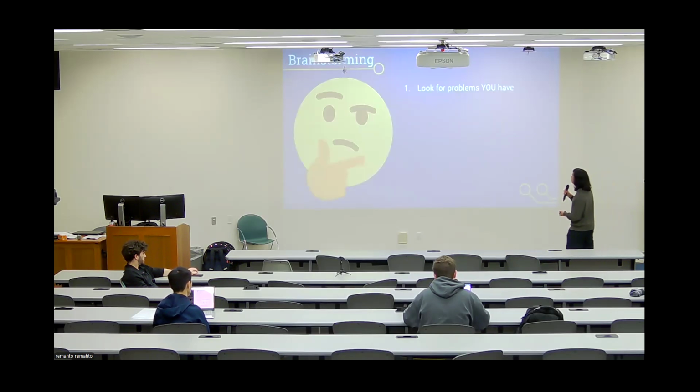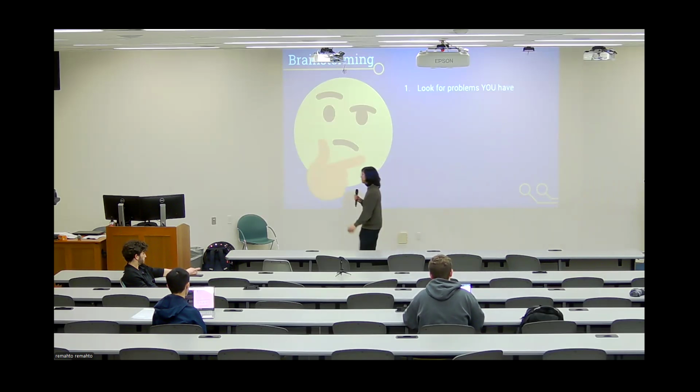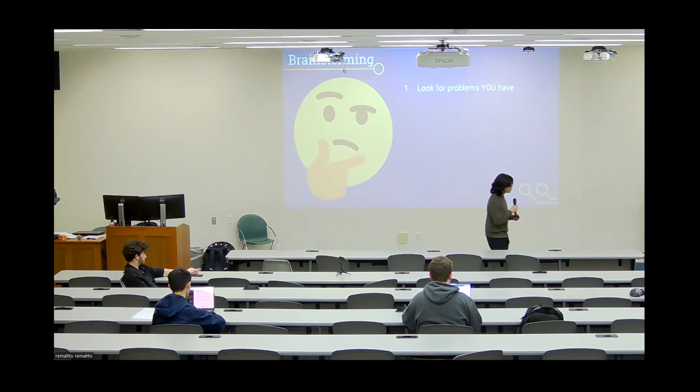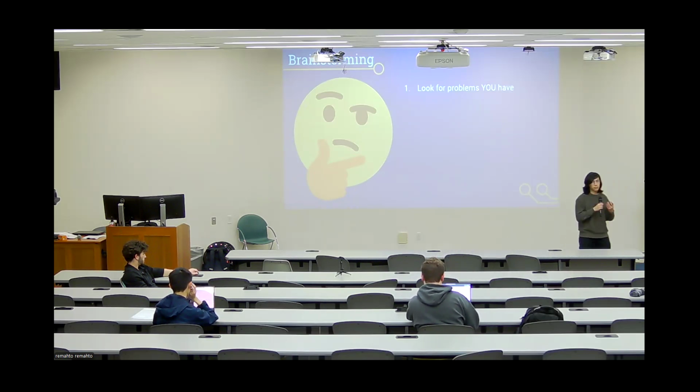So, how do I start? This is how you brainstorm. Boom, right? Look for problems that you have. This is a really easy way to find a problem that can be solved. Think of a problem that you have right now, and you can probably try to fix it.